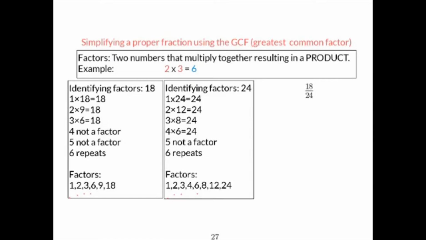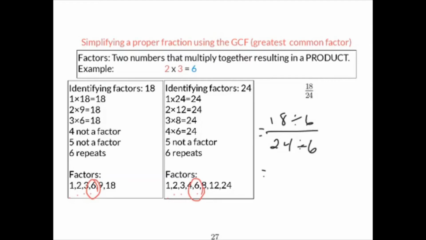The greatest common factor is the number 6. And so that is our greatest common factor, and that will help us to reduce our fraction. To do that, we're going to divide the numerator by our GCF and the denominator by the GCF of 6.